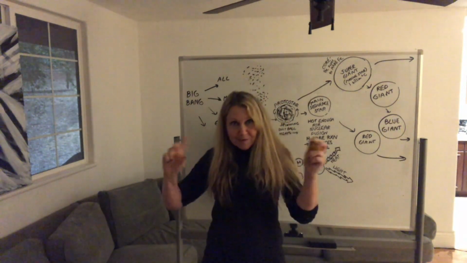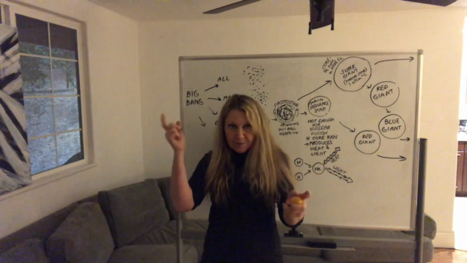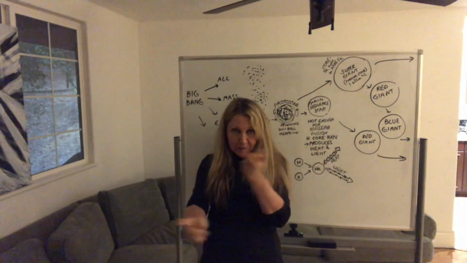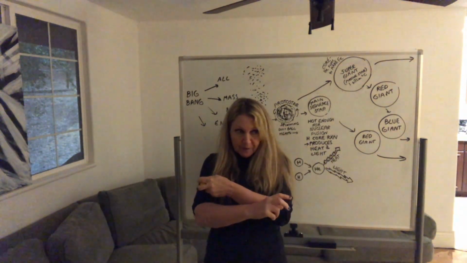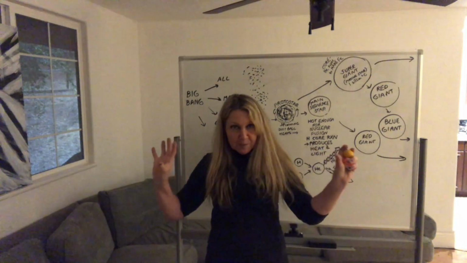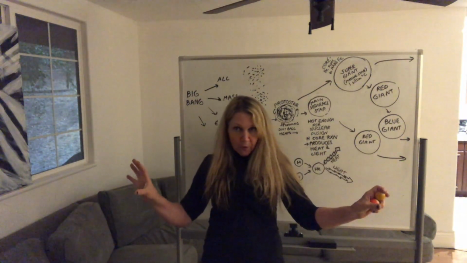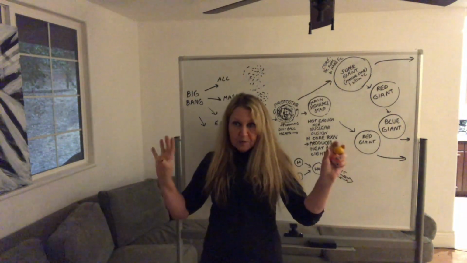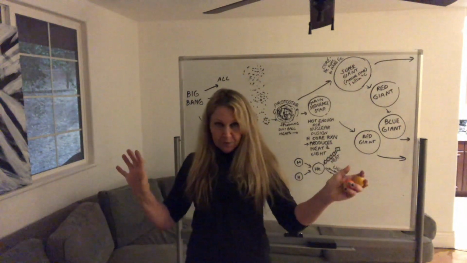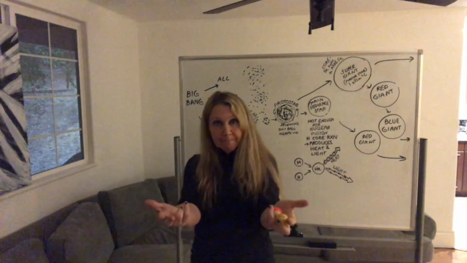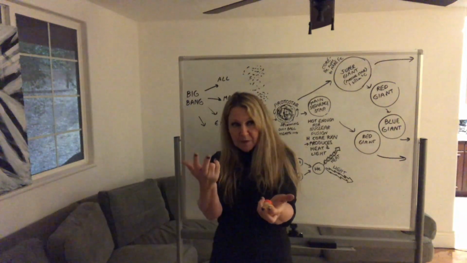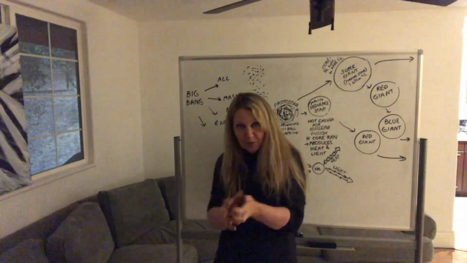However, the gas around the outside of the main sequence star begins to expand and spread out. And that is when it is called a red giant. So this is what will happen to our sun at about, scientists estimate, about 5 billion years.